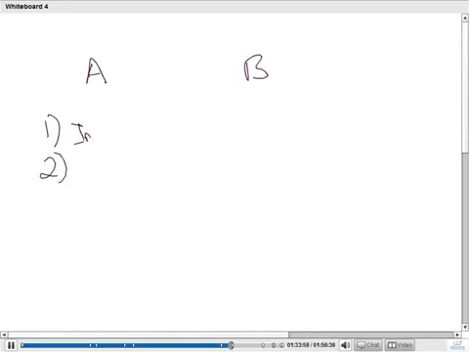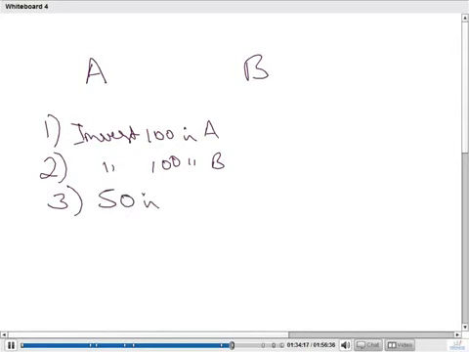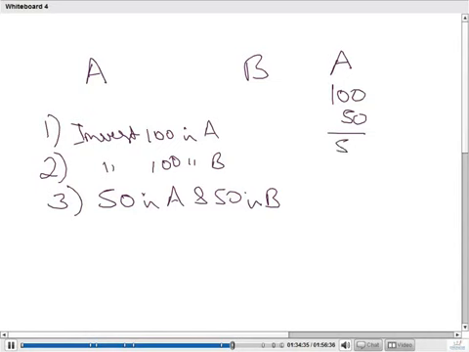In one case, invest the entire 100 in A. In the second case, invest the entire $100 in B. And in the third case, invest 50 in A and 50 in B. At the moment, the income statement of A looks something like this: 100 rupees of revenues, 50 rupees of costs, and 50 rupees of profits. Sales, costs, and profit.